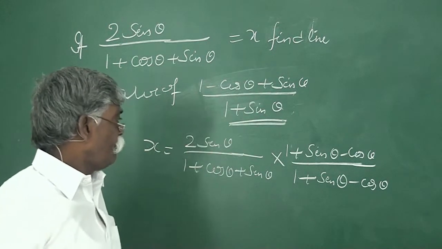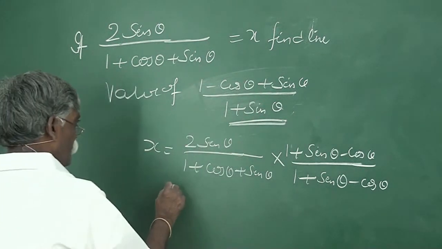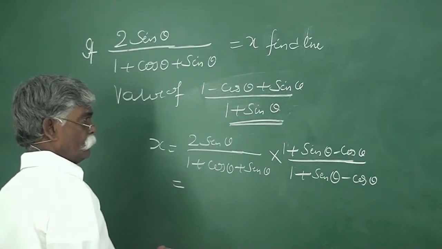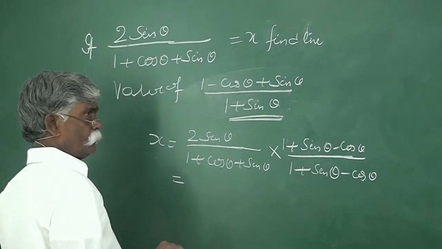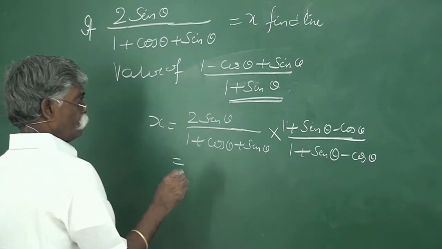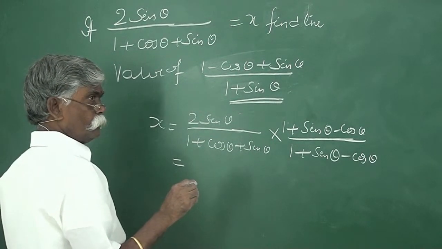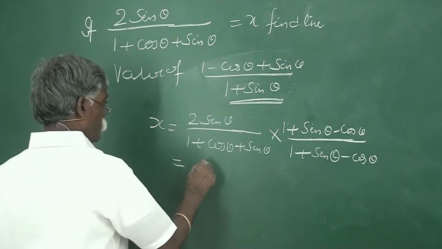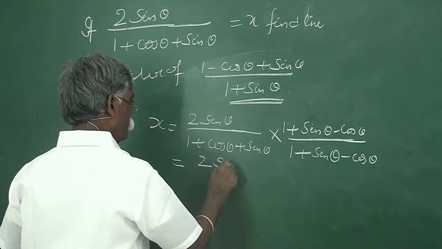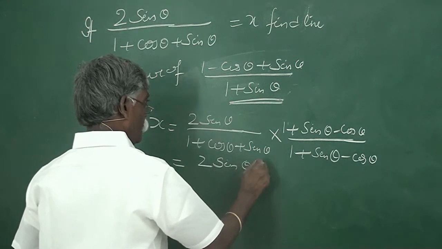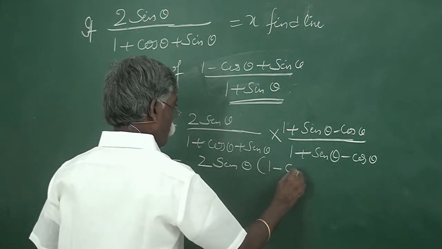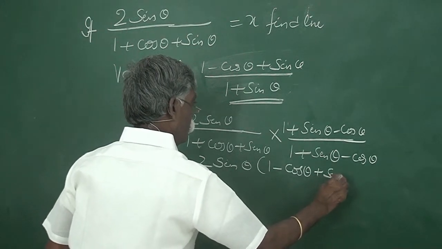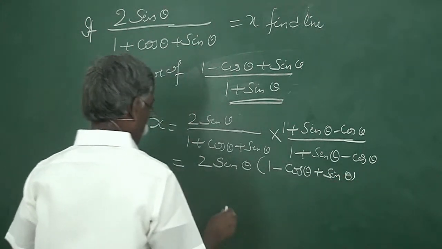Now, the numerator is as it is. It is 2 sin theta into 1 minus cos theta plus sin theta.